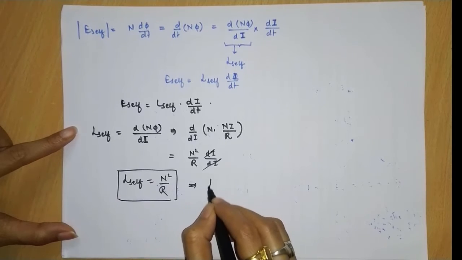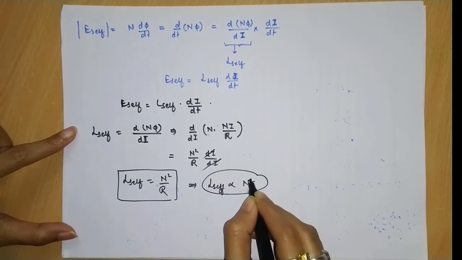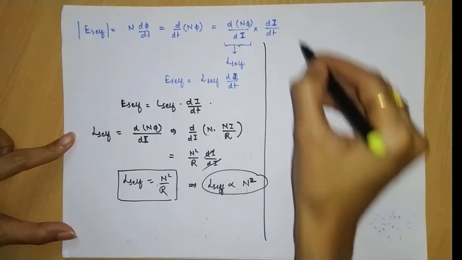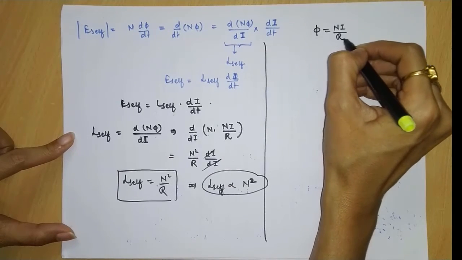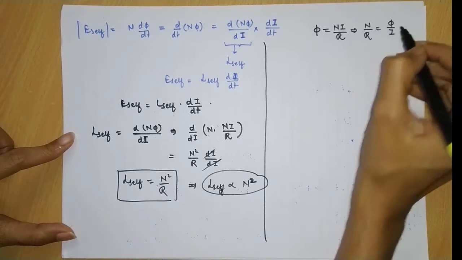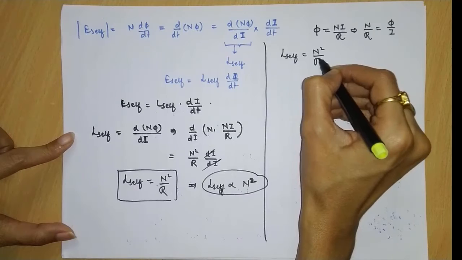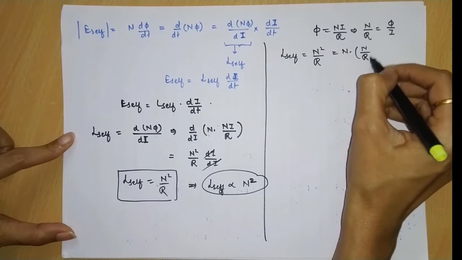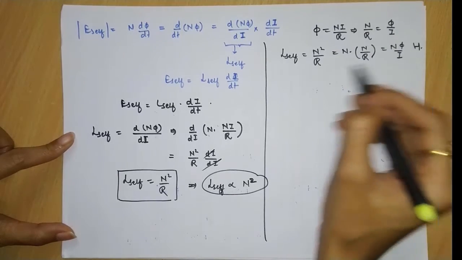Remember that self-inductance is proportional to the number of turns squared. Also we know that flux is equal to mmf upon reluctance. This implies n/R is equal to φ by I. So L self is equal to n square by reluctance, n into n by R, is equal to nφ by I Henry.